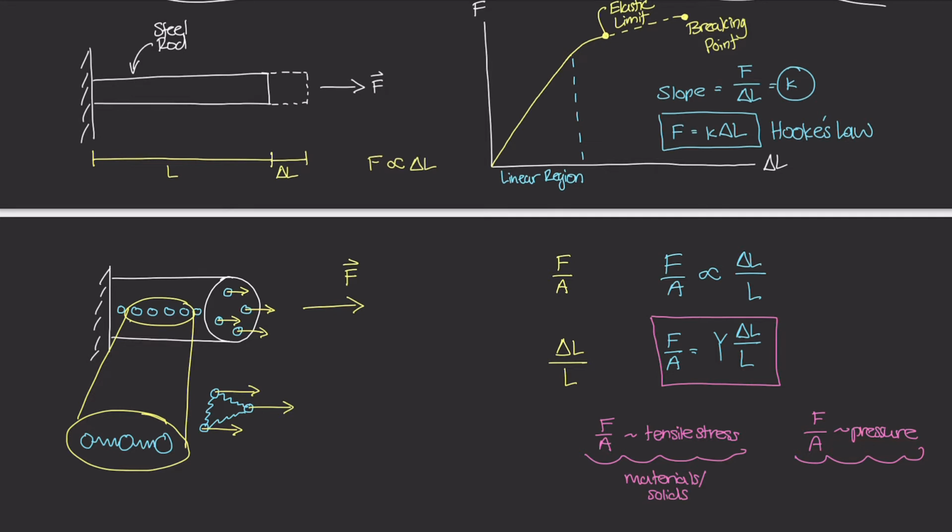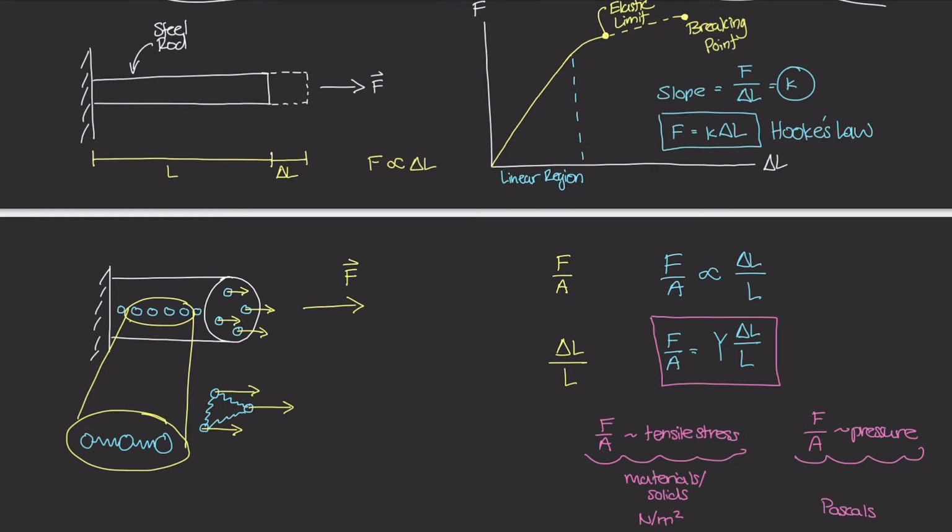Another difference is that tensile stress has units of newtons over meters squared, and pressure is usually denoted in pascals, which fundamentally are the same. However, the main difference is that pressure is being applied in all directions, whereas tensile stress is being applied in a single direction. Okay, cool.